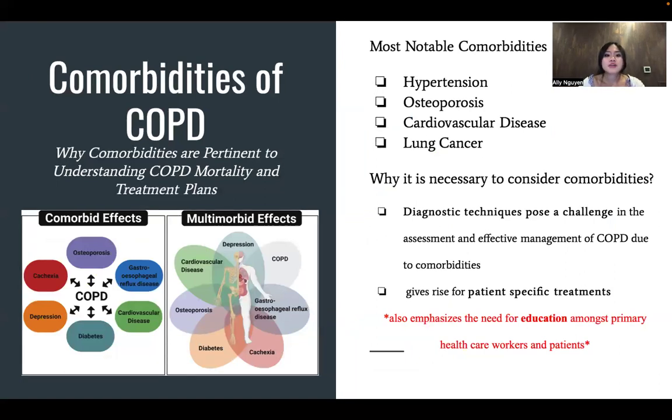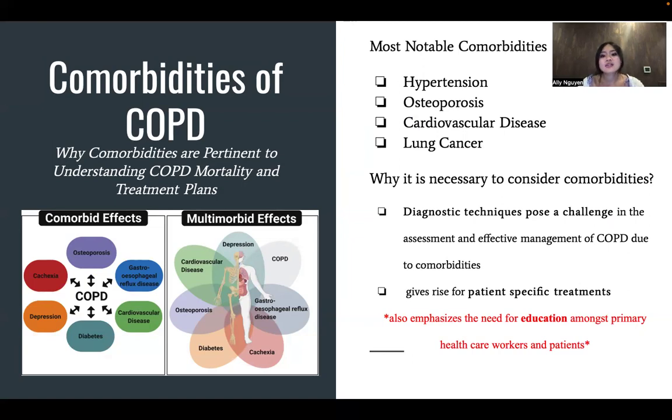Comorbidities are also very important to consider in the diagnostic and personalized treatment plans for patients with COPD. The most notable comorbidities of COPD are hypertension, osteoporosis, cardiovascular disease, and lung cancer.